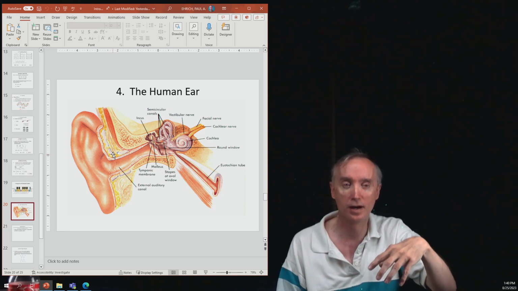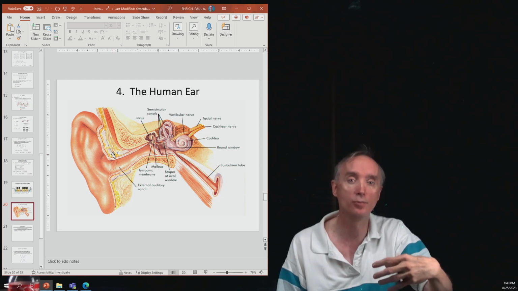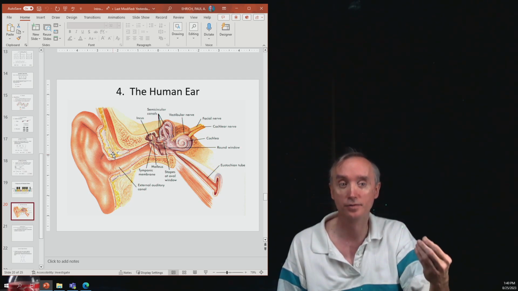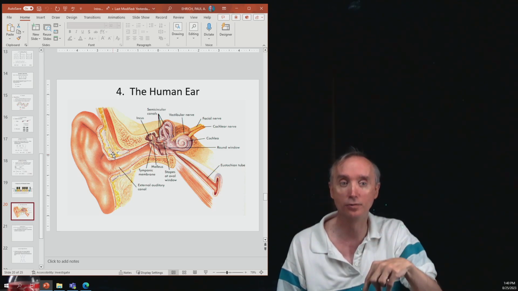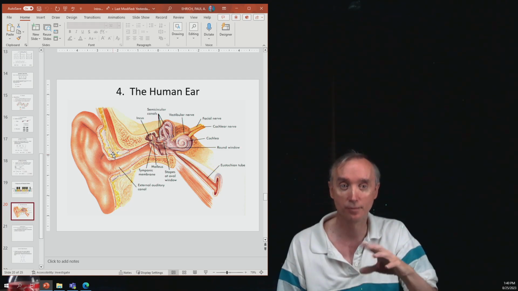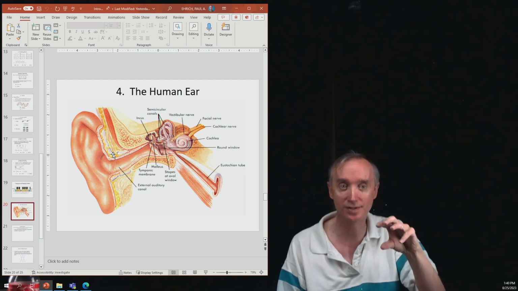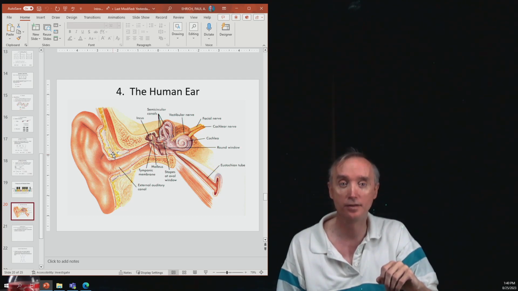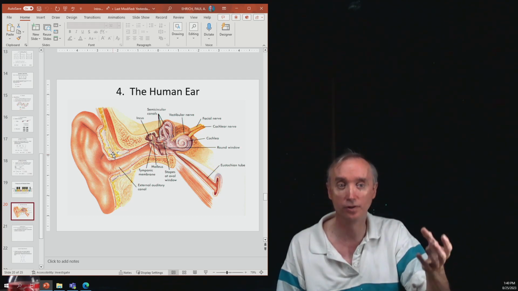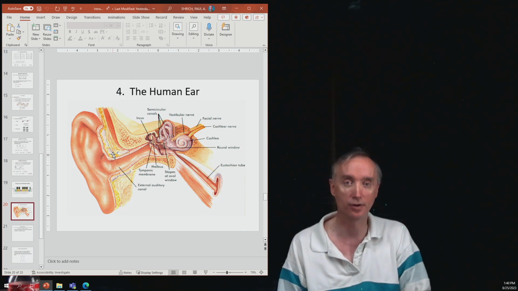So by having these bones, they can help to amplify sounds. But on the other hand, if the sound is too loud, the bones will come apart temporarily. The bones will disconnect from the eardrum, and that way, if the sound is too loud, it's not going to damage your hearing.